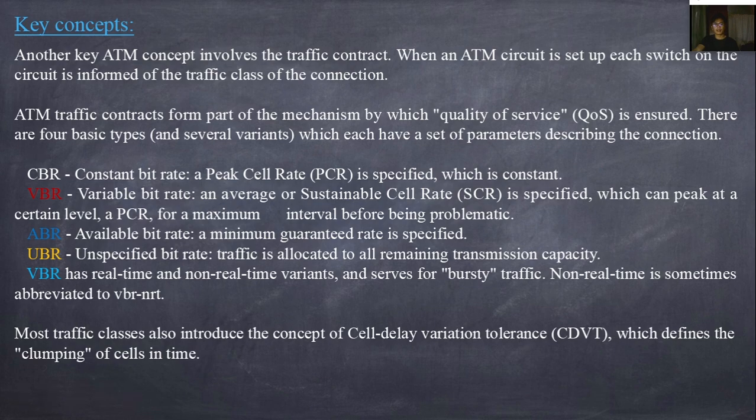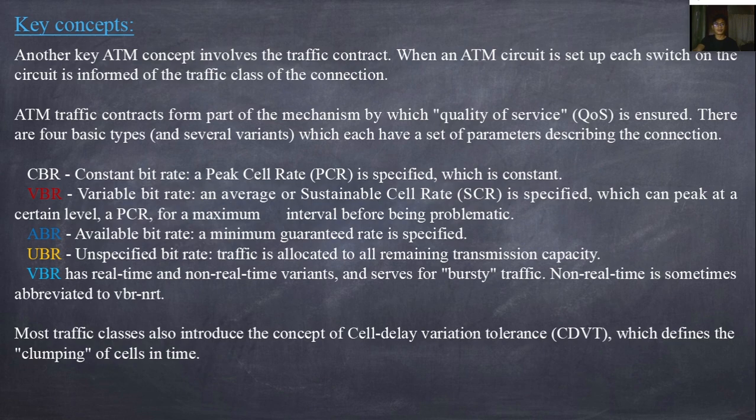VBR, or variable bit rate: an average or sustainable cell rate, or SCR, is specified, which can peak at a certain level, a PCR, for a maximum interval before being problematic. ABR, or available bit rate: a minimum guaranteed rate is specified. UBR, or unspecified bit rate: traffic is allocated to all remaining transmission capacity.